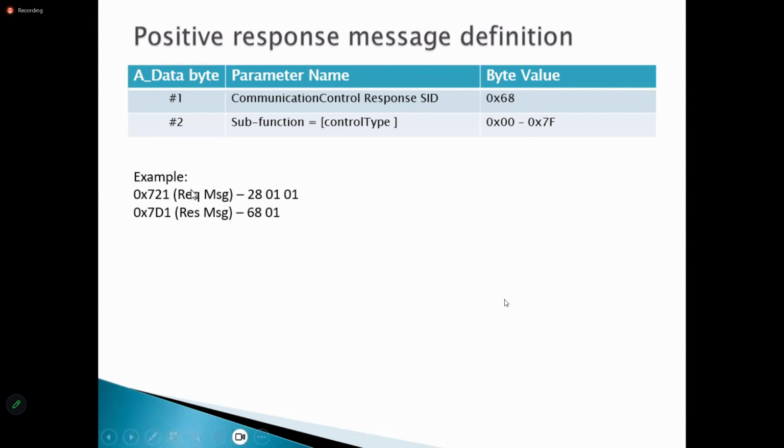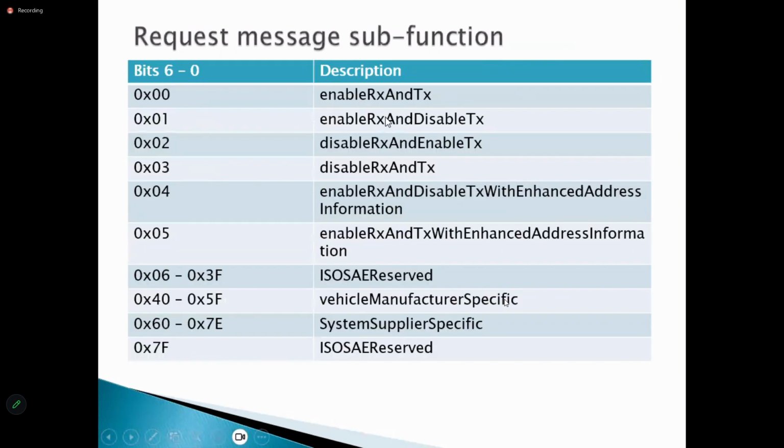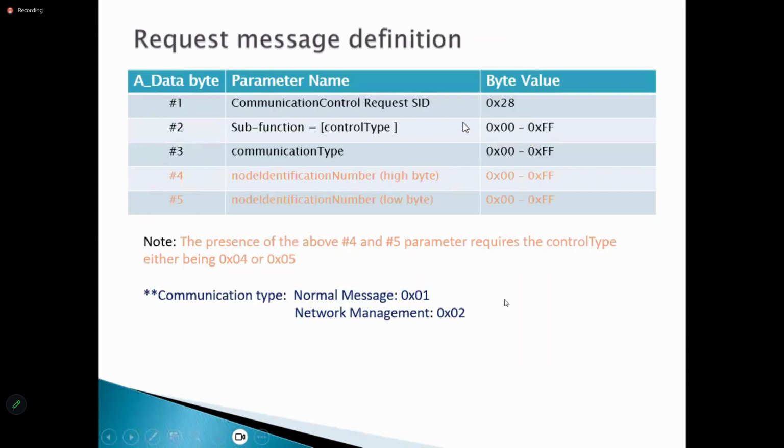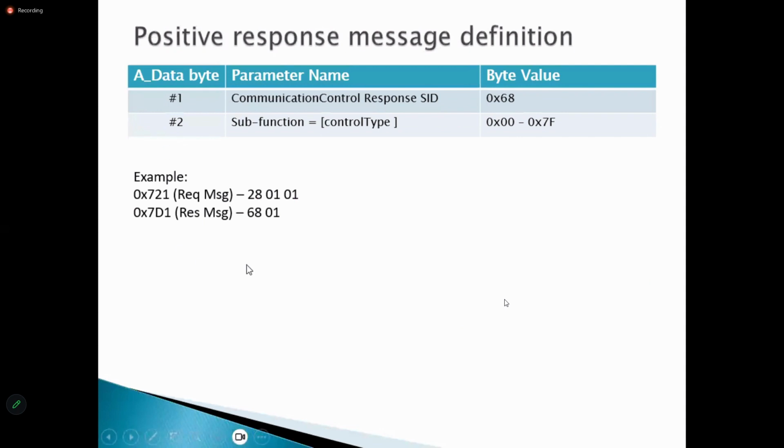Let's say the client has requested 280101. What is 01? Enable Rx and disable Tx. And what is communication type 01? It means normal messages. Understood? So here the example says 280101.